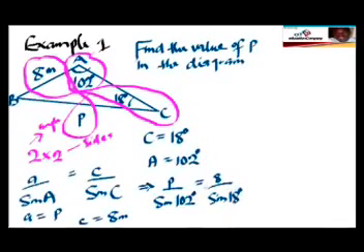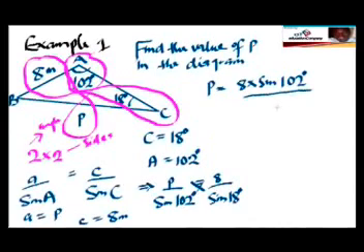Now if I'm going to solve for P, I have to make P the subject of the formula. That means I'll cross multiply here. So I have P is equal to 8 times sine 102 degrees divided by sine 18 degrees. You can quickly check that out on your own how we got that.